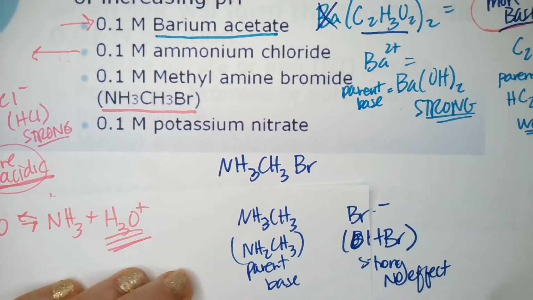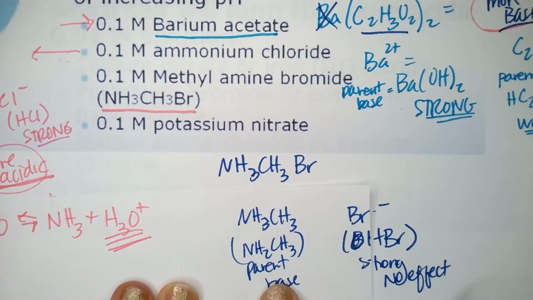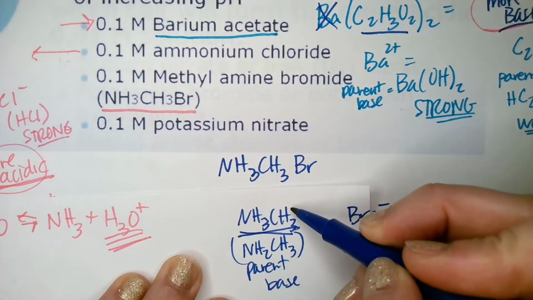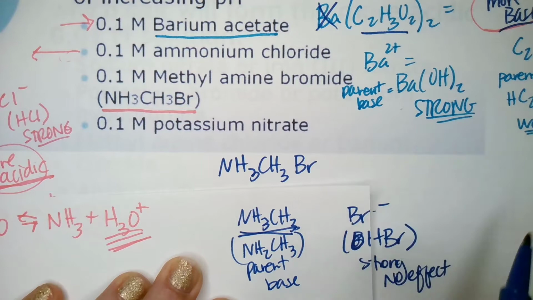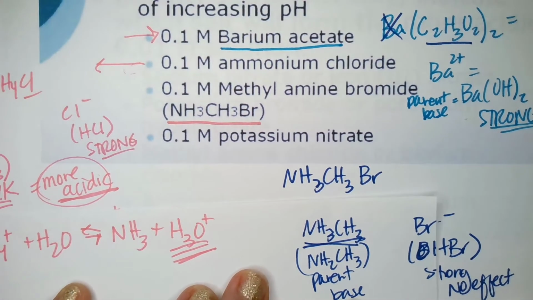So when the weak base undergoes hydrolysis, it is going to produce more H3O plus ions, which is going to make this more acidic.